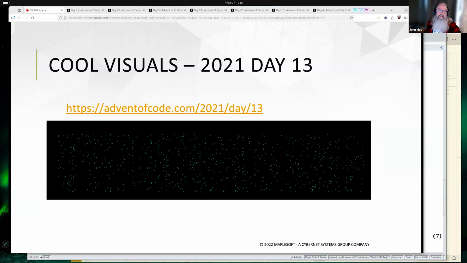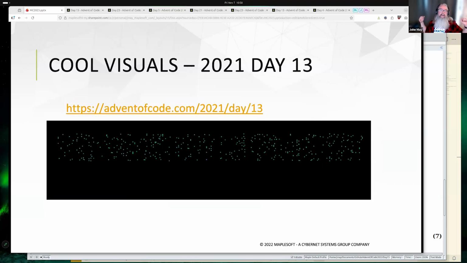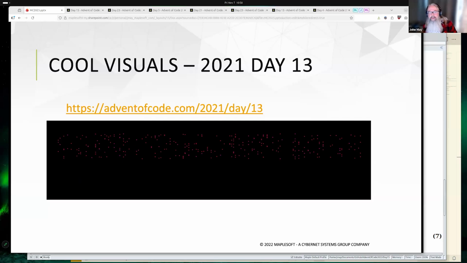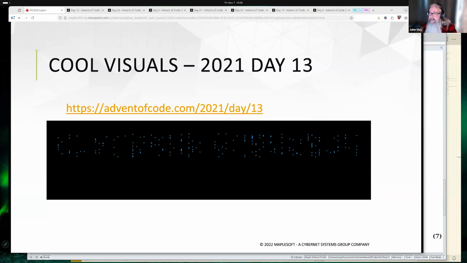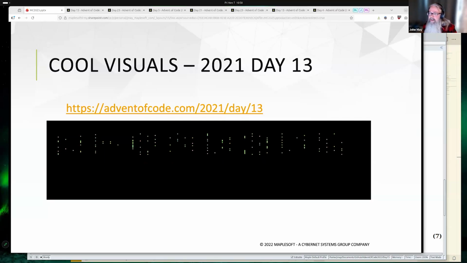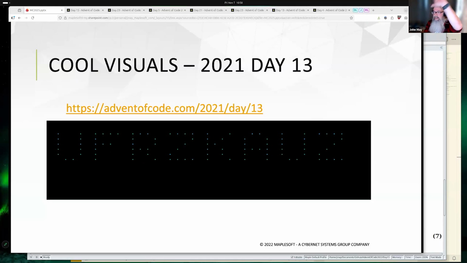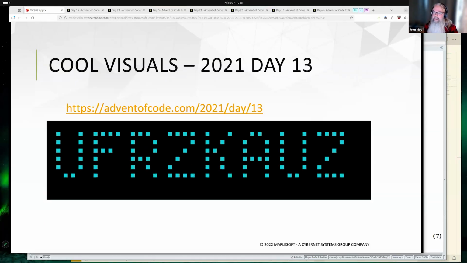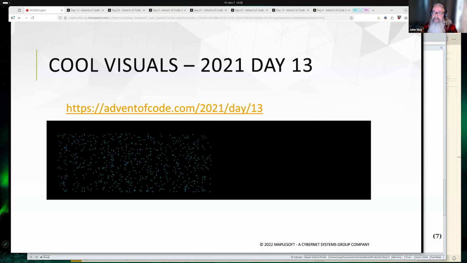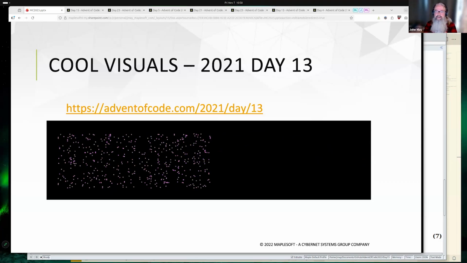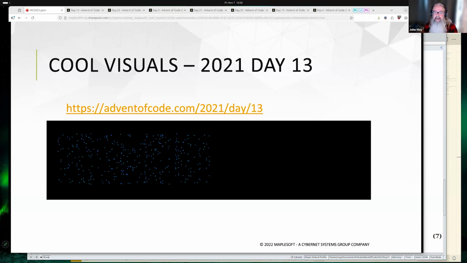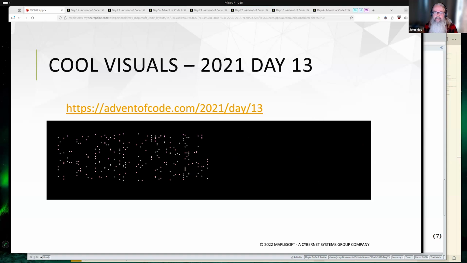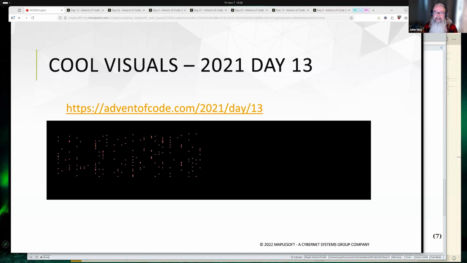This was a super fun problem in 2021. You're given a series of points and then descriptions of how to fold the points over and over again. And so you kept folding them. So each frame of this animation, every time the color changes, you do a fold.